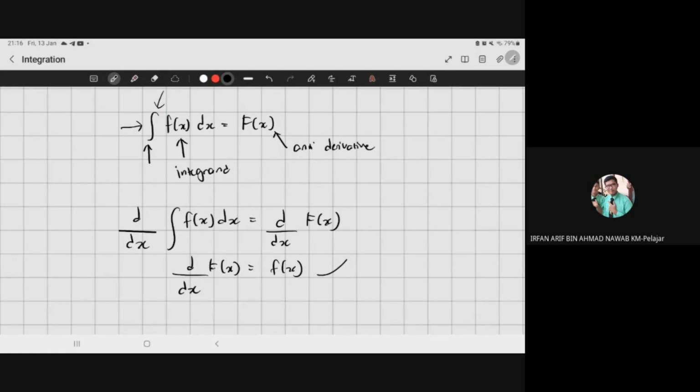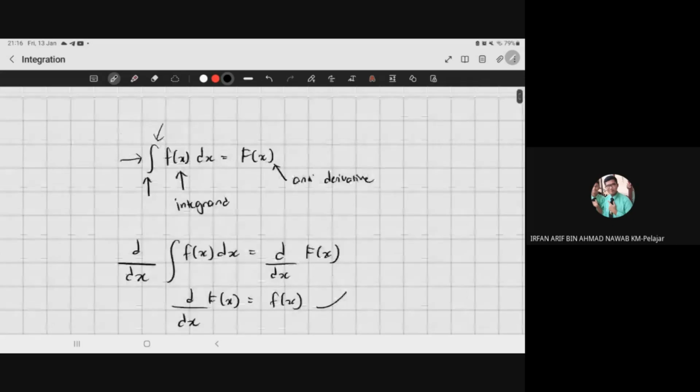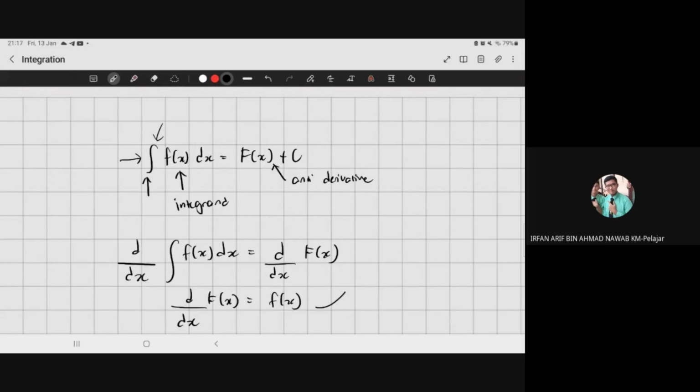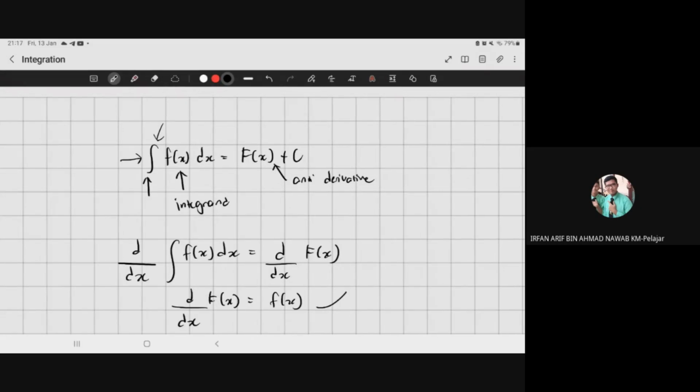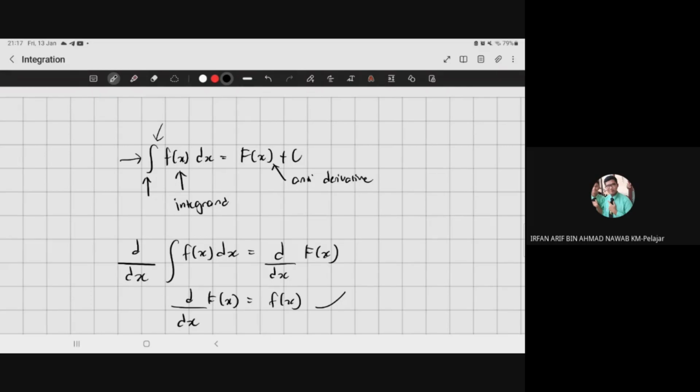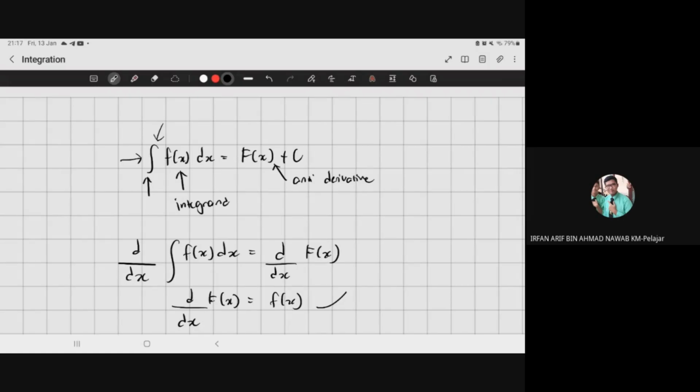But when you integrate, sorry, I forgot to put C, because when you integrate an indefinite integral, you have a constant. For any function, when we integrate it, there exist different constants. It depends on the upper and lower limit in a way, where we determine the value of C. But for indefinite integrals, for any function we integrate, there will always be this constant.